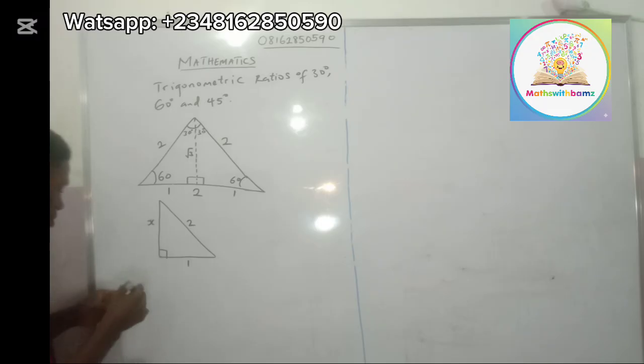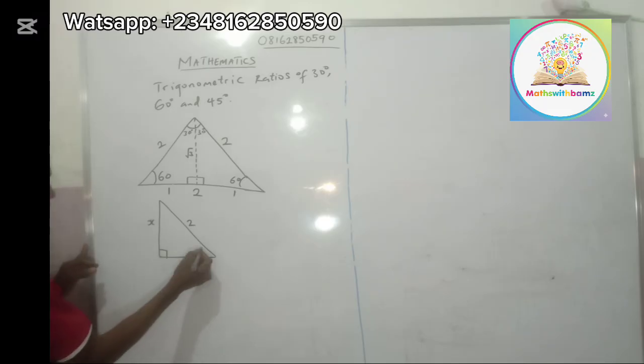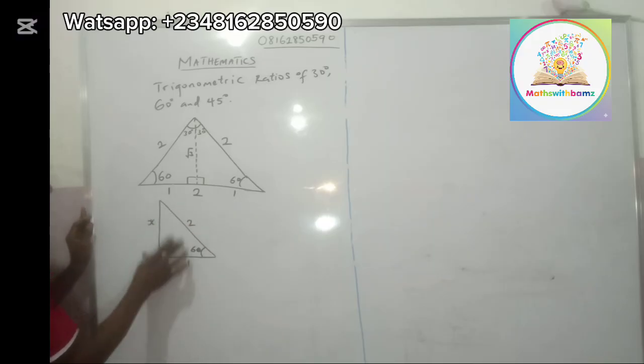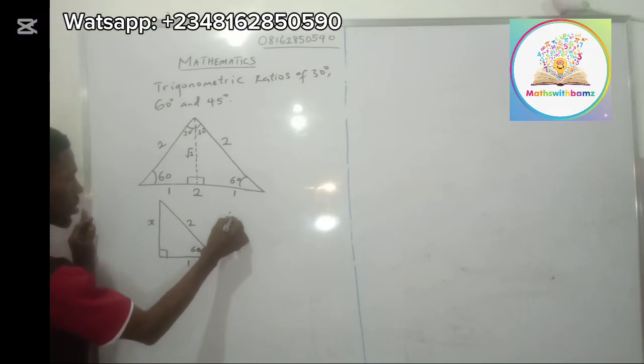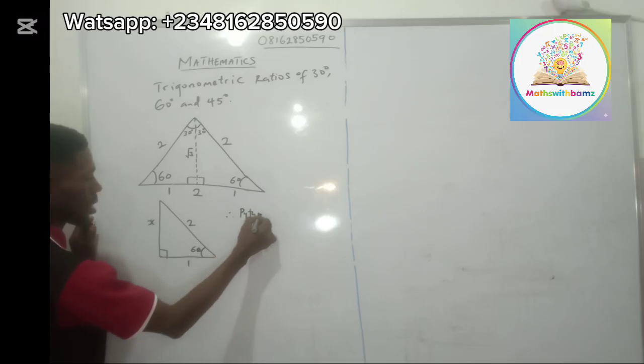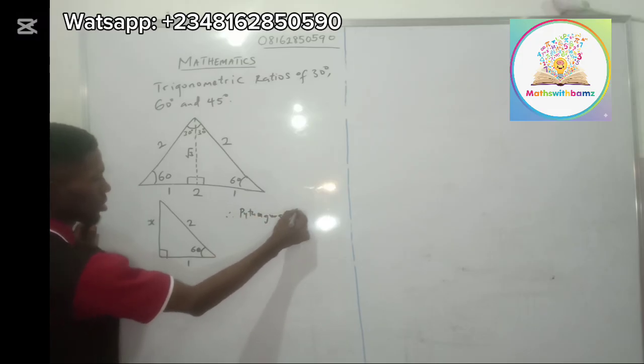Now, if this angle is 60 degrees, how can we get our x? Since it's a right angle triangle, we can use the Pythagoras theorem.